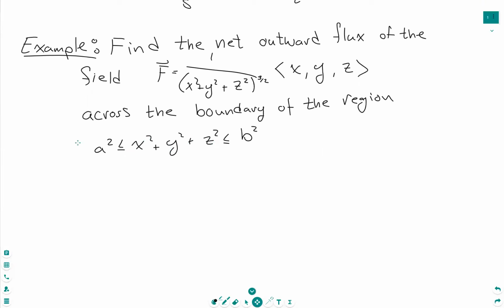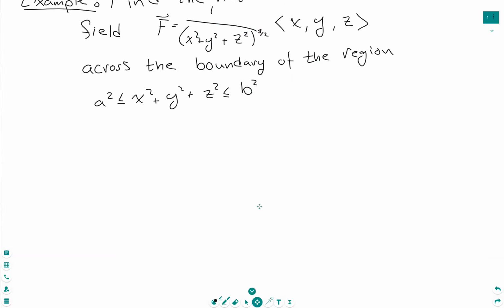And then I have an a squared and a b squared. So to me, this looks like a sphere of radius a and a sphere of radius b, the spherical shells of radius a and b. And then I'm trying to find the net outward flux of this field on the boundary of those surfaces.